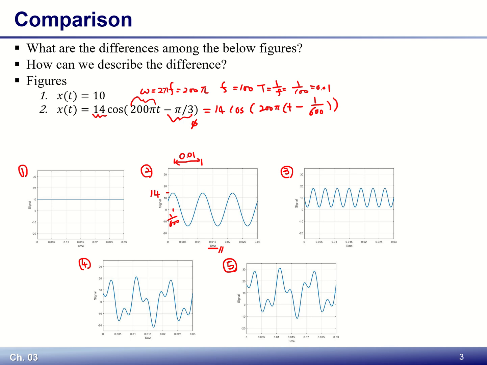That's so simple. What about figure 3? Figure 3 is 10 plus 8 cosine(500 pi t plus pi over 2).